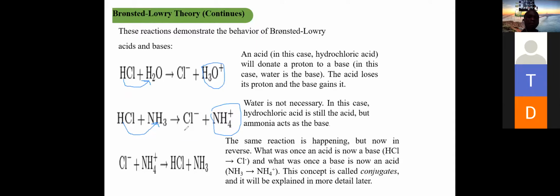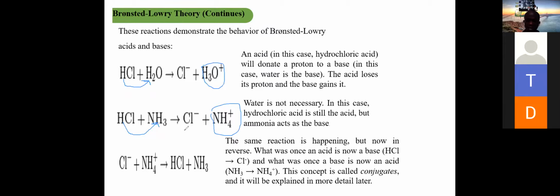Now, there is something interesting. If I ask you to write an equation to show HCl acting as an Arrhenius acid, basically dissociating in water, ionizing in water, it's the same equation you will write. Either you write that, or you write HCl just breaking down into Cl minus plus H plus.